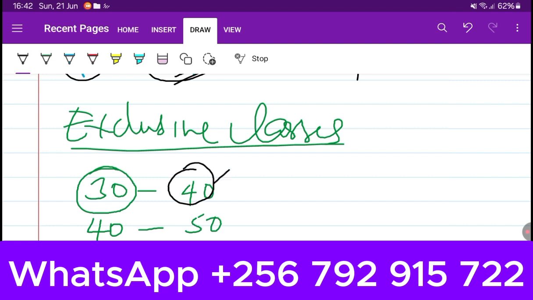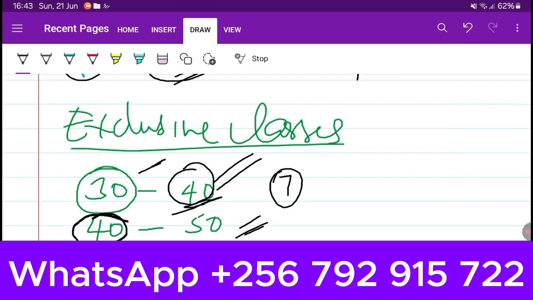Now this upper class limit in class 1 is not included in this class, it is included in the next class, because you are seeing the lower class of this second class is 40, meaning this 40 is not included in that class. It's like having 30 less or equal to, no, it's less than 40.